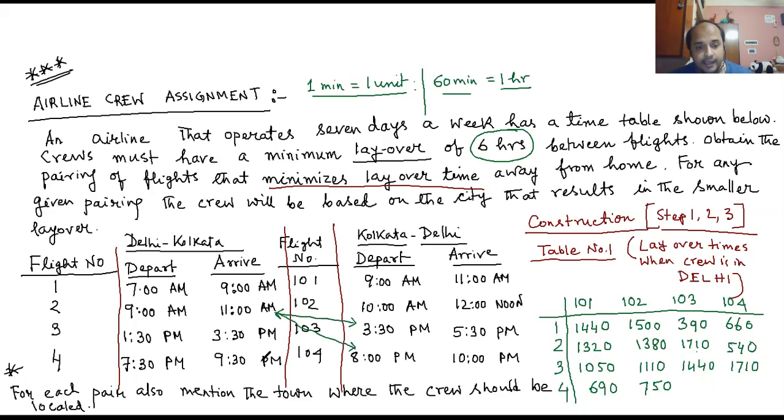It is 9:30 p.m. and this is 3:30 p.m. It is not a.m., it is p.m. It will be more, you are right. Sir, 16 into 60 then. Tell me how much it comes to. 960.